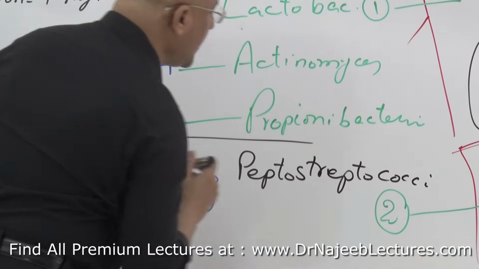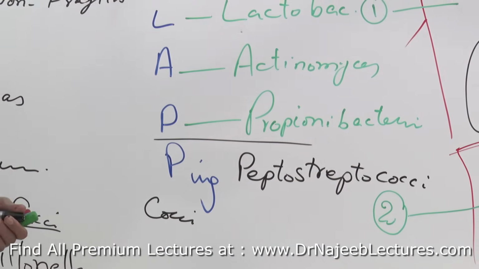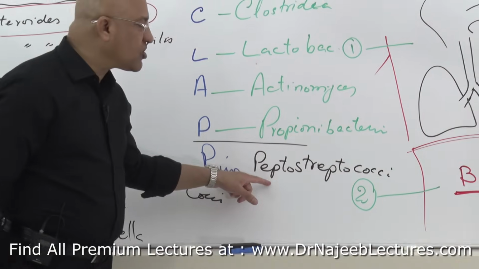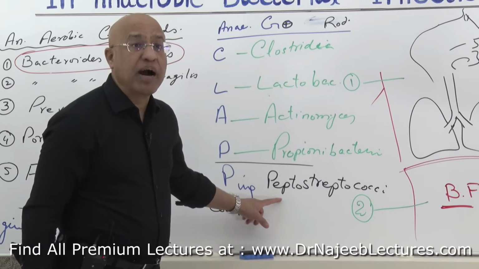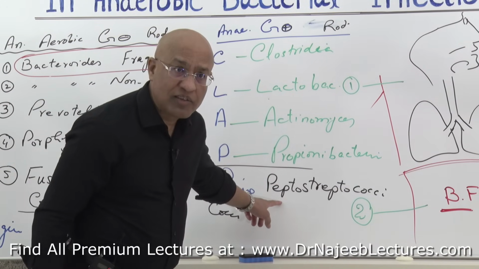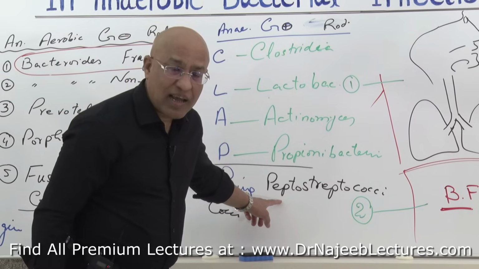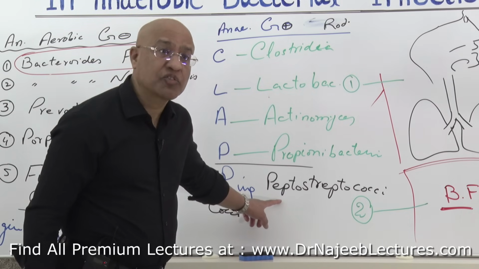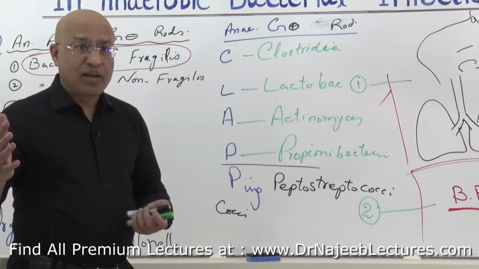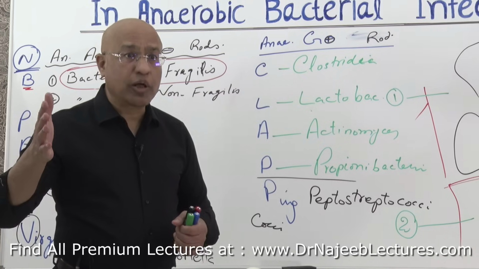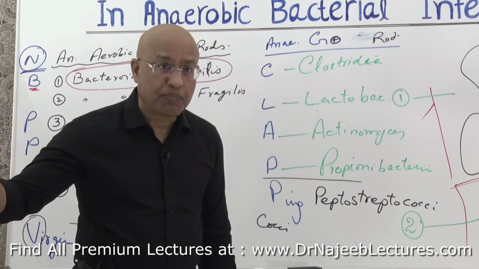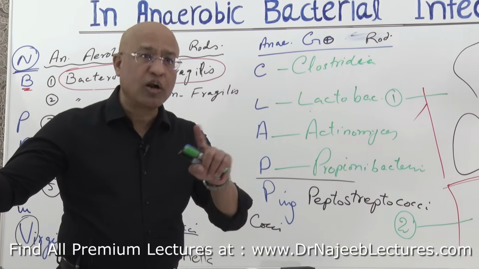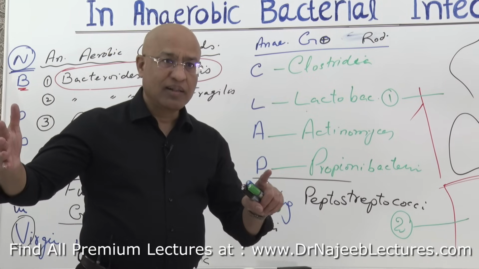and this P stands for streptococci. Please don't confuse streptococci with microaerophilic streptococci and aerobic streptococci. Facultative anaerobic or aerobic streptococci is a different group. They are not strictly anaerobic.